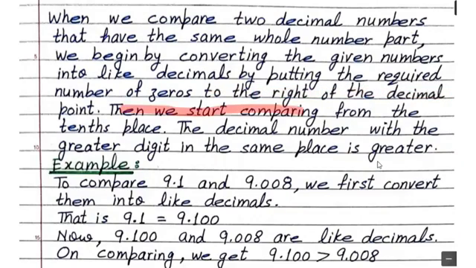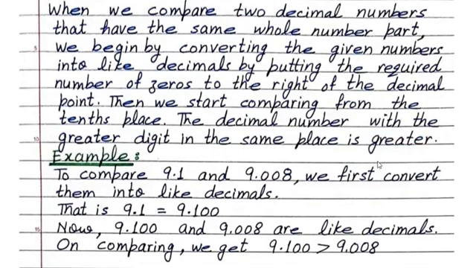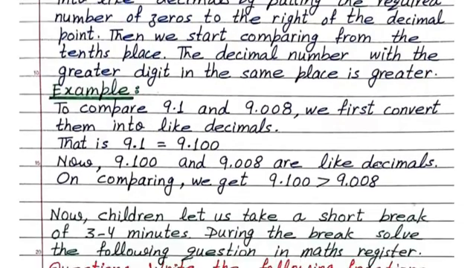Then we start comparing from the 10th place, right? The decimal number with the greater digit in the same place is greater. Now let us try to understand this with the help of an example.